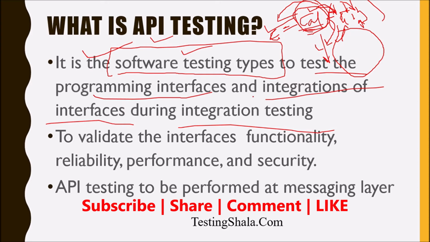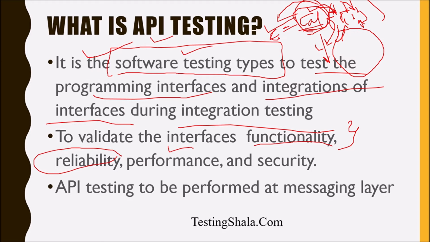In API testing, we will be checking functionality, as I discussed just now with the cal function of a calculator. Reliability: if I send any values or any number of values, can we still depend on it, and does it give the right answers or not. Performance: let's say we start giving huge numbers into the interface, can it still get the answer within 1 or 2 seconds.